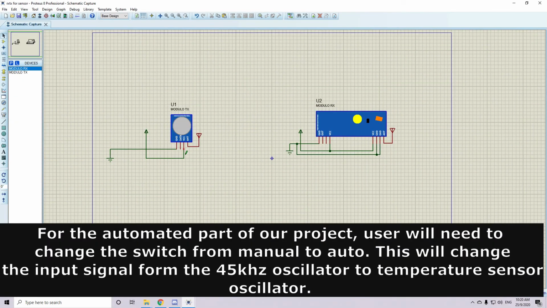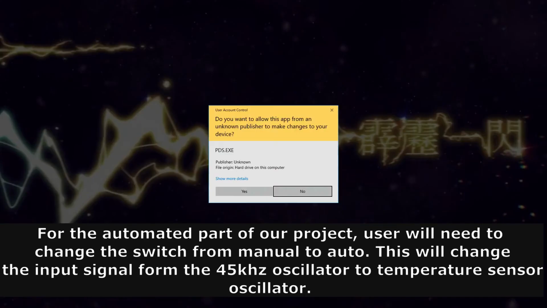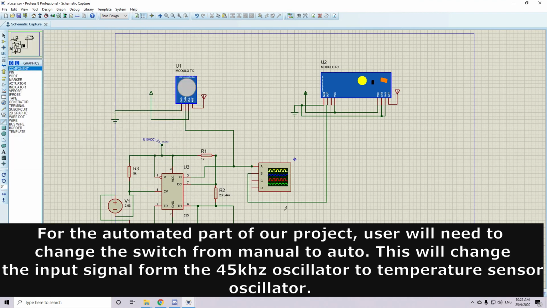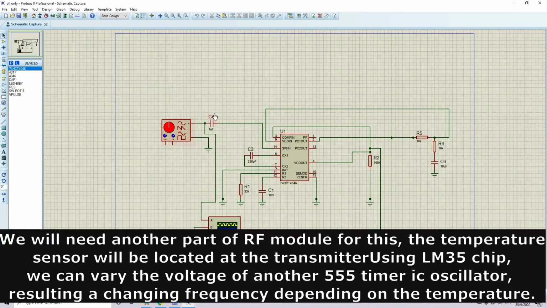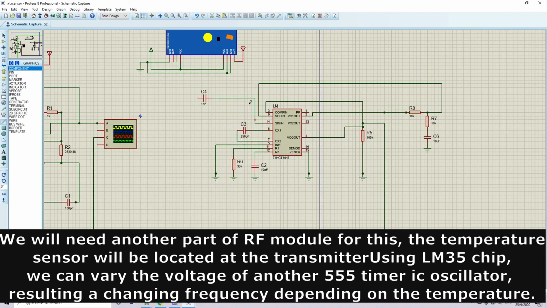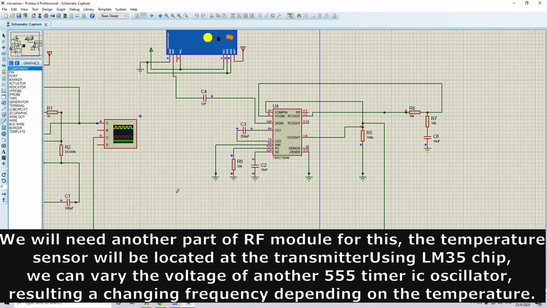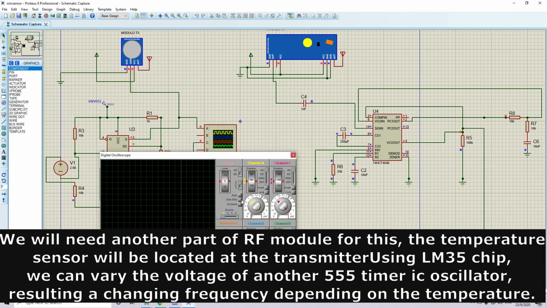For the automated part of our project, the user will need to change the switch from manual to auto. This will change the input signal from the 45 kHz oscillator to the temperature sensor oscillator. We will need another part of the RF module for this. The temperature sensor will be located at the transmitter. Using the LM35 chip, we can vary the voltage of another 555 timer IC oscillator, resulting in a changing frequency depending on the temperature.